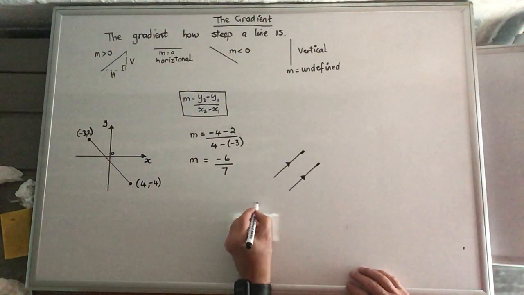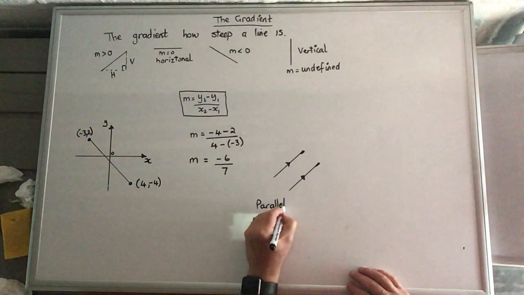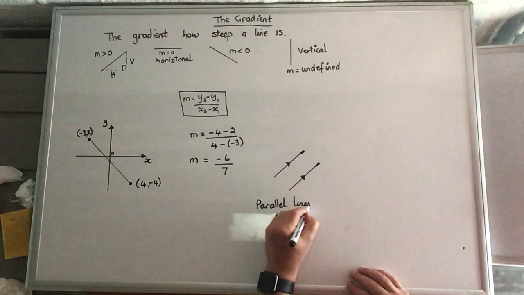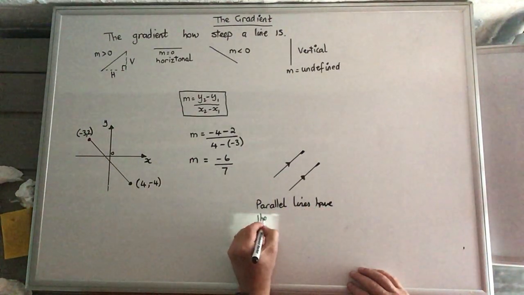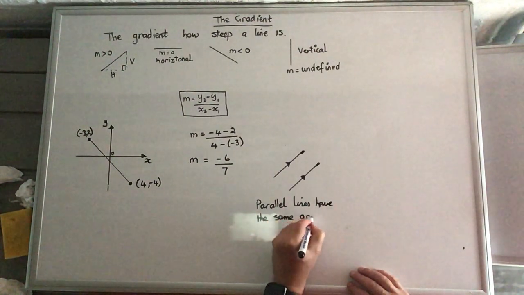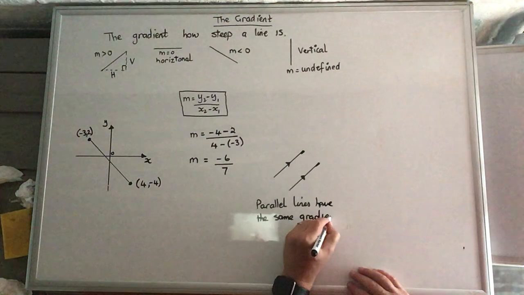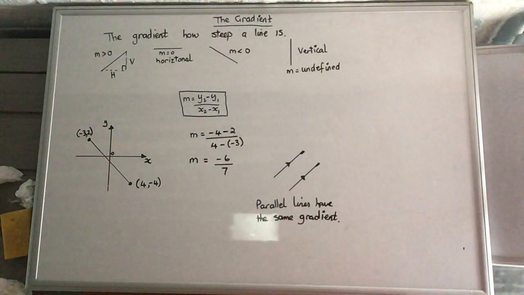So parallel lines have the same gradient. That's handy to know. That can pop up in a question. And if you don't know that, then you can get stuck on these things.